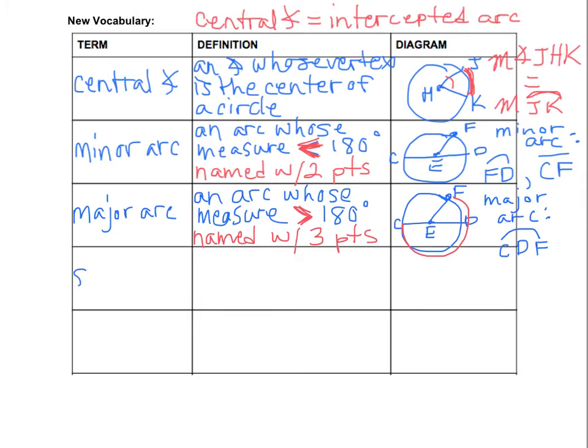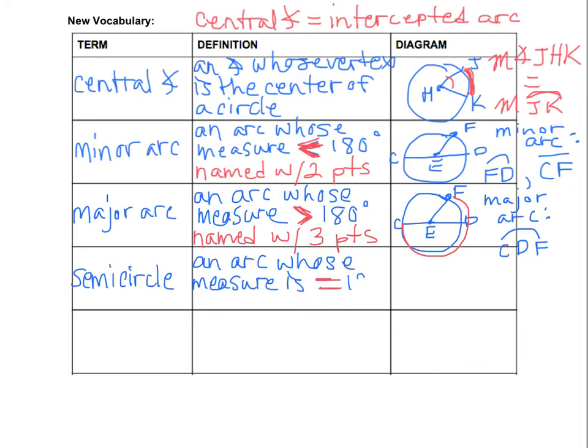Next term we're going to deal with is semicircle. And semicircle is an arc whose measure is exactly equal to our cutoff of 180 degrees, and it's also equal to half the circumference. Keep that in mind too.